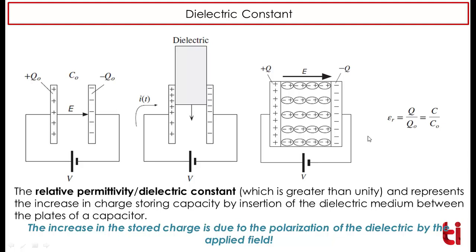This particular definition is what will be used in our setup also: the enhancement of the capacity of a parallel plate capacitor in the presence of the given dielectric material. This enhancement of the charge storage is because the dielectric becomes polarized in the presence of the applied field. And we must always remember that the value of the dielectric constant is greater than 1.